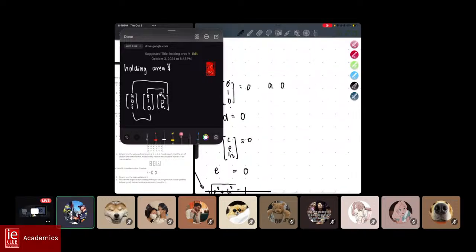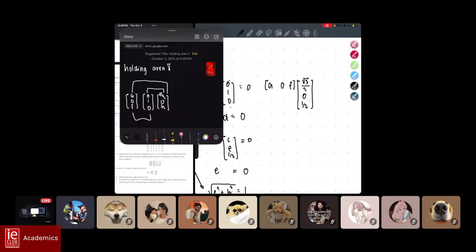A, 0, F dot square root of 3 over 2, 0, 1/2. Let me recheck if this is sensible. Okay.